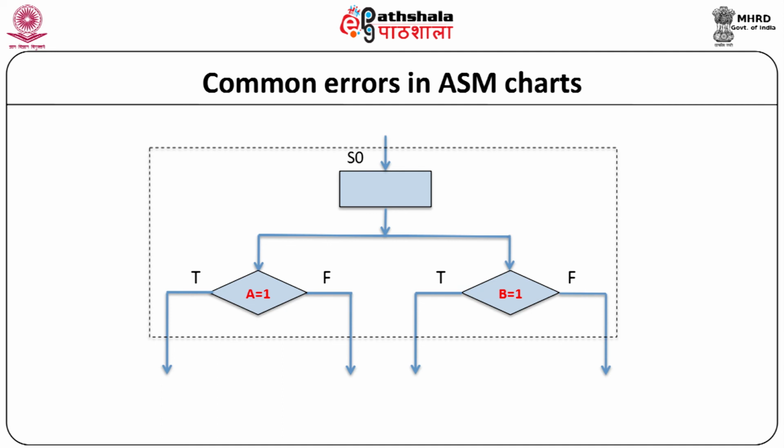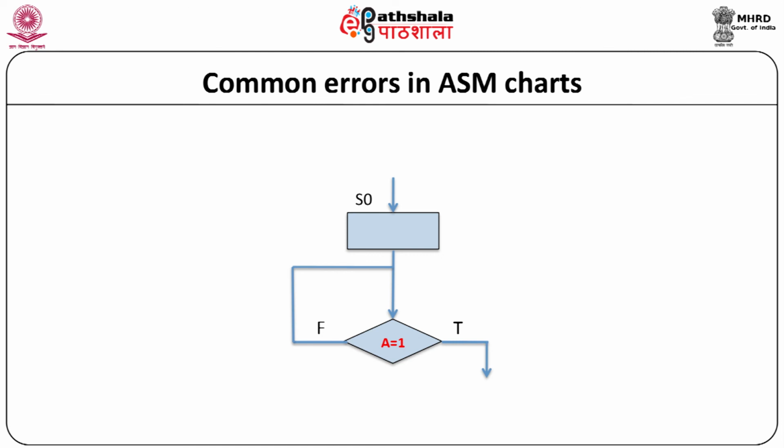There is no exit path if A and B are both zeros. The figure here contains an ASM block consisting of a state box and a decision box for the implementation. This diagram also violates the first rule since there is no exit path when the condition in the decision box is false.